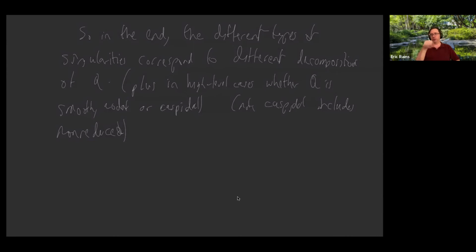And what are the actual coefficients, the multiplicities? That's the combinatorial information. And then if you happen to have three components or fewer, and they're all multiplicity 1, then you have this slight extra data of, is Q smooth, nodal, or cuspidal? So basically this really does turn it into a combinatorial question.